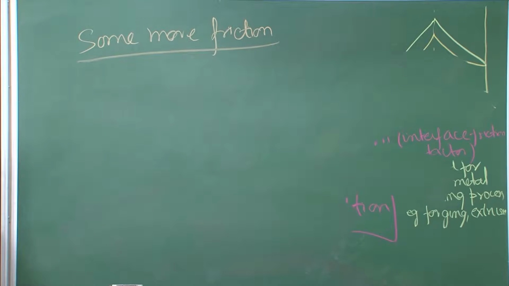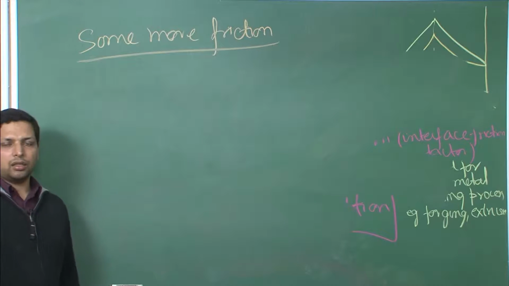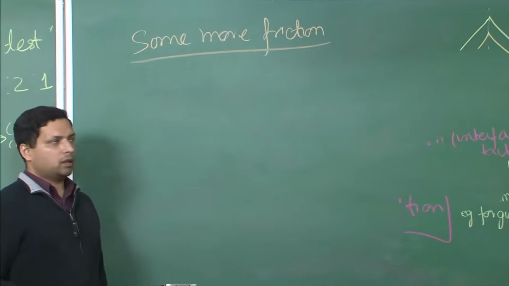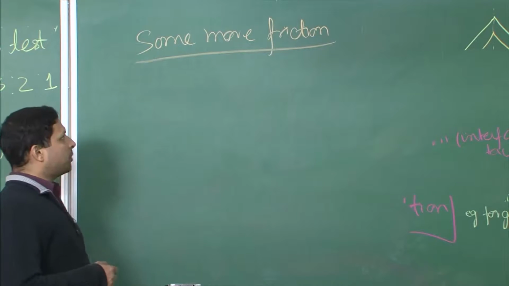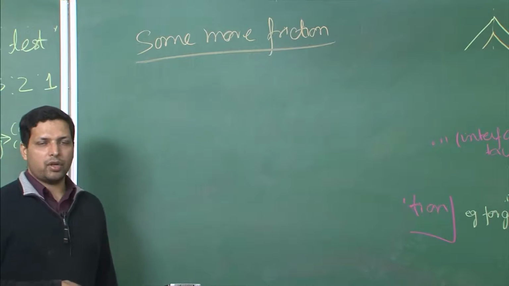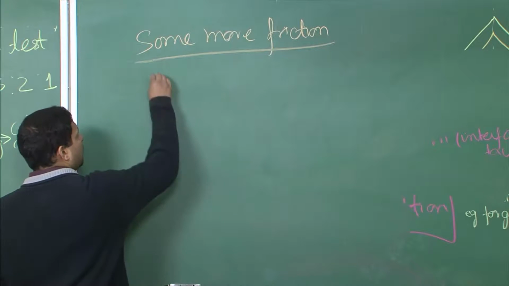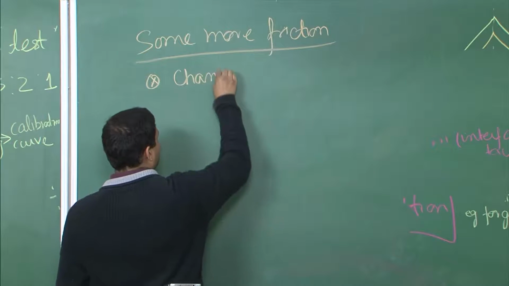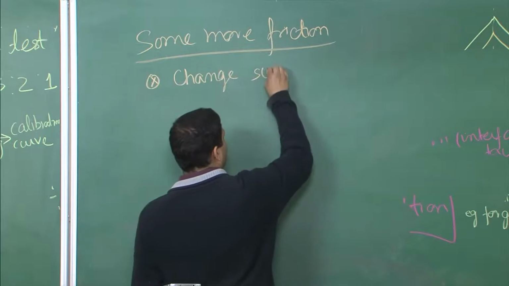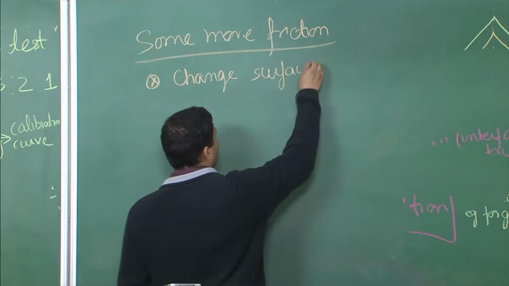We know that it changes the mechanics. We know that the overall stress requirement or the energy requirement will change because of the presence of friction. What else can it do when we are talking about deformation? It will change or affect surface finish.